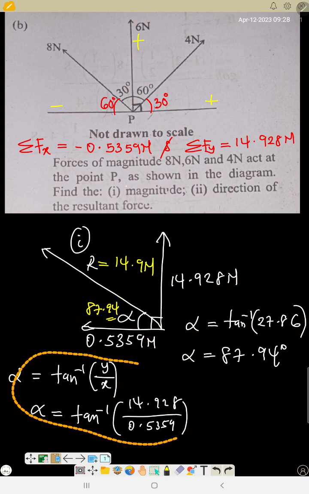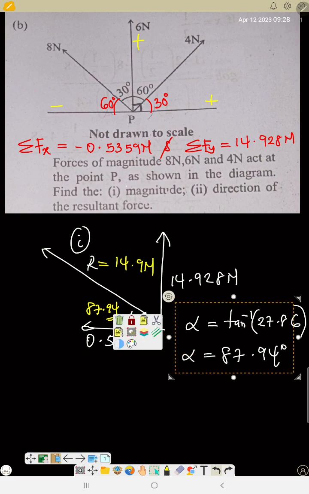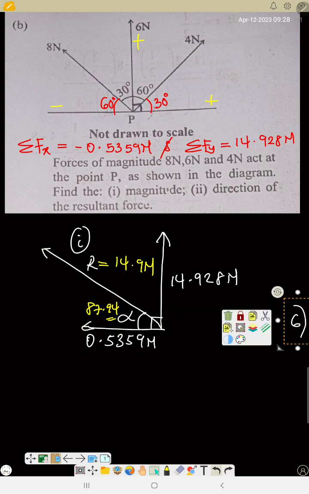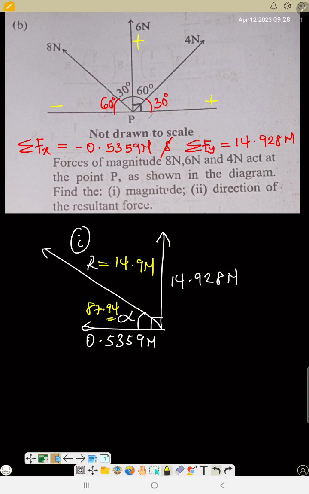But the direction of the resultant force will be, so let's assume I complete my cardinal points this way, like this. So the true direction of my resultant force is, let me find this place first.